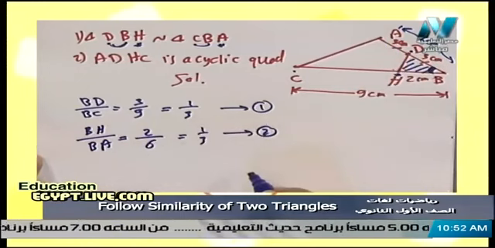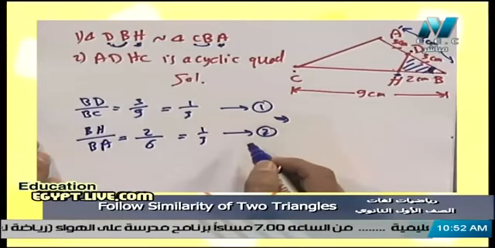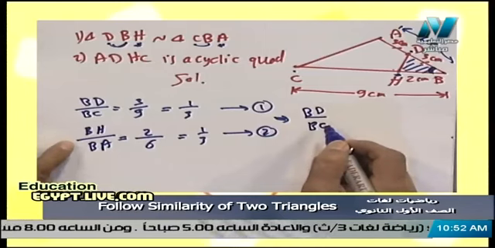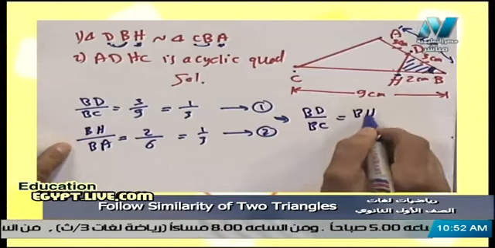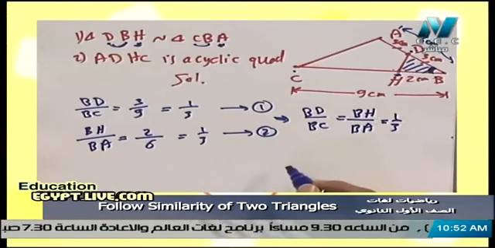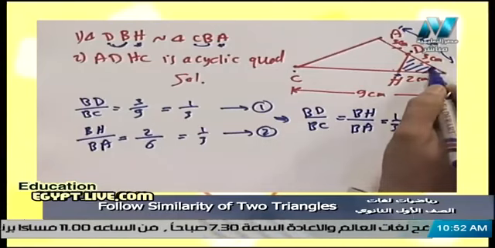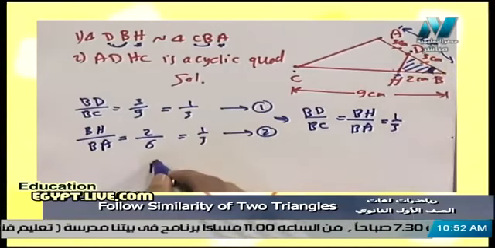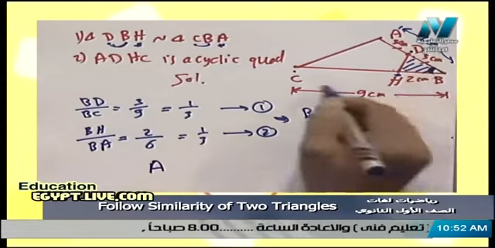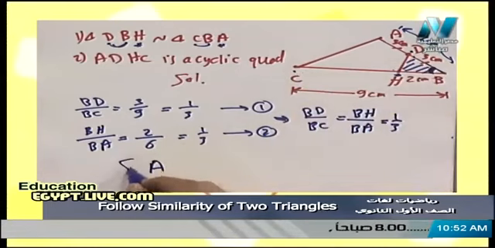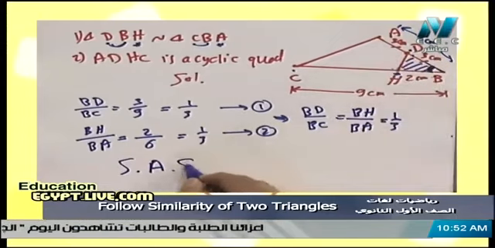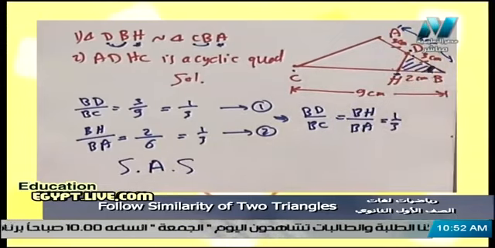This is equation number 2, and we deduce from these two ratios that BD over BC equals BH over BA, which equals 1 over 3. And the angle B here is the common angle. The side BD over BC, which is the first S, equals the side BH over BA, which is the second S, and the angle B is included between them.